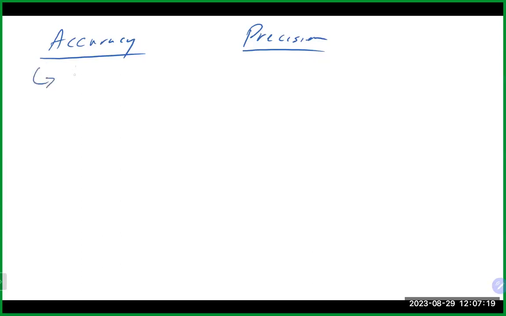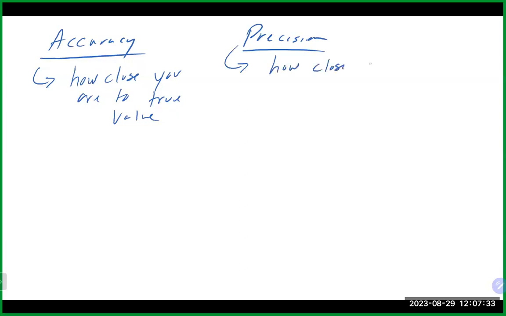Accuracy, or being accurate, is how close you are to the true value. Being precise, or precision, looks at how close a set of numbers are to one another.